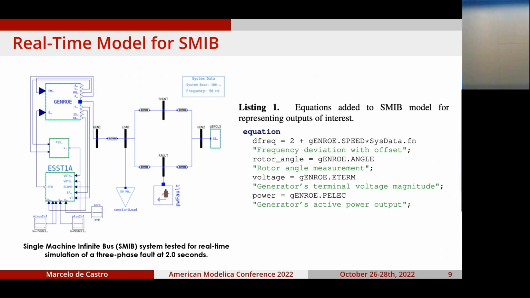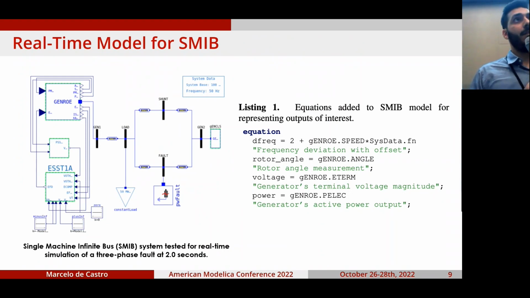So the first system that we test here is an SMIB. So it's a single machine infinite bus. So the machine that you see on your left, okay. You see some vertical bars. Those are buses or nodes in an electrical system. They can represent, for example, a substation.